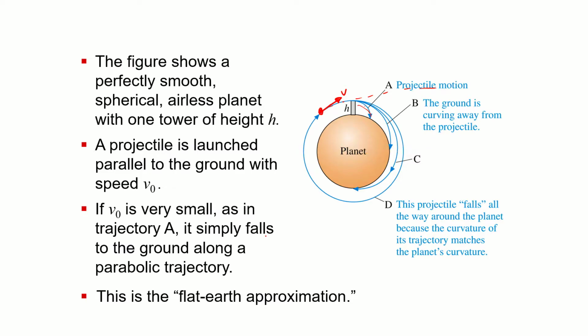But the gist is there's a balance between Newton's first law, the tendency for the object to travel in a straight line, and Newton's second law, the force of gravity pulling it towards the center of Earth and causing it to turn, right?